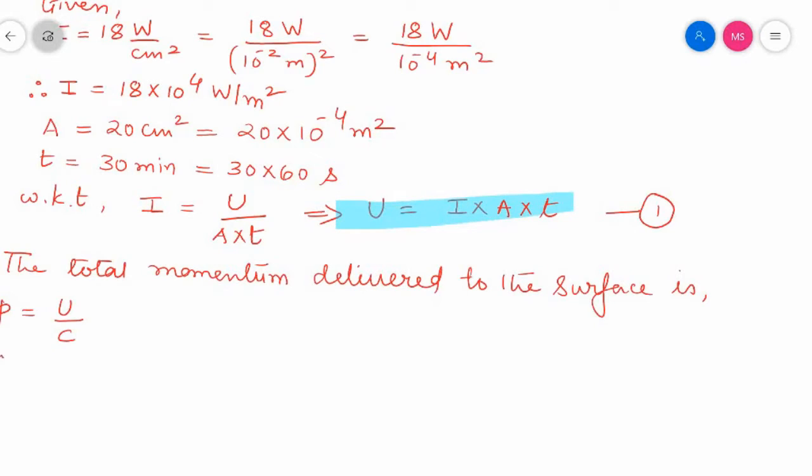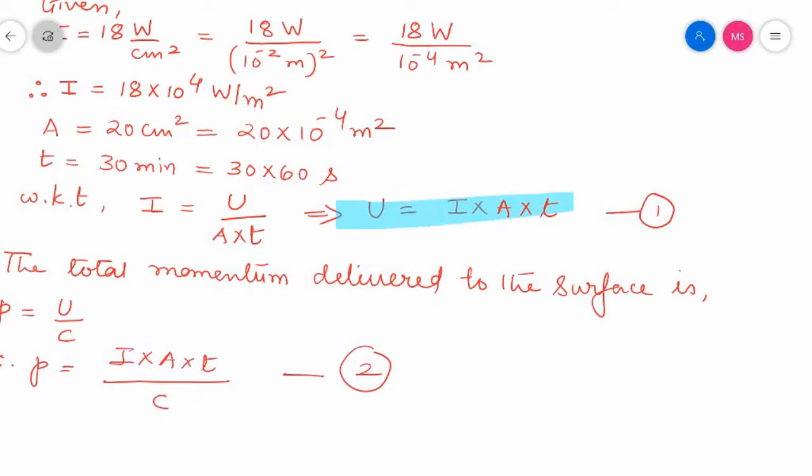So therefore we will get P is equal to I into A into T over C. Let this be equation number 2.